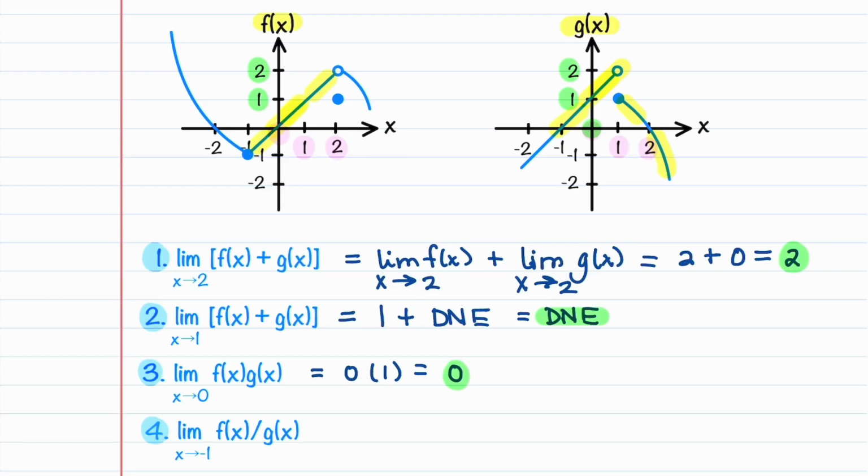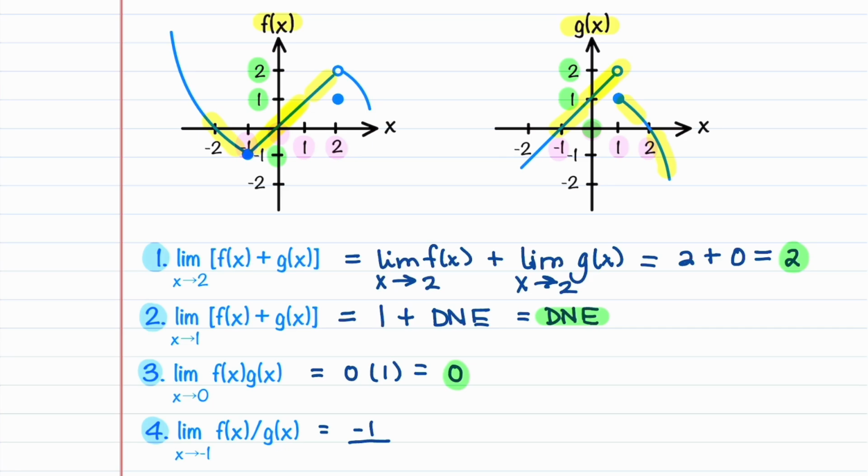Let's look at our last one. For this one, we are going to be looking at the point x is equal to -1. So let's highlight that. For f of x, we are going to be approaching from the left and from the right, and we get a value of -1. So this is -1, and we're going to divide that by our g of x limit.